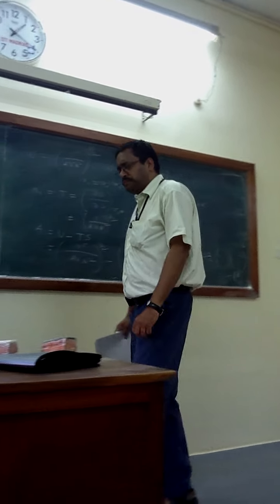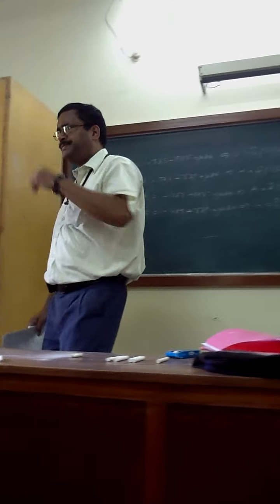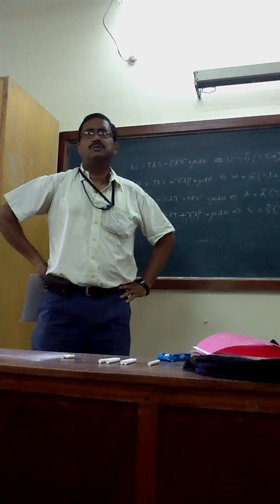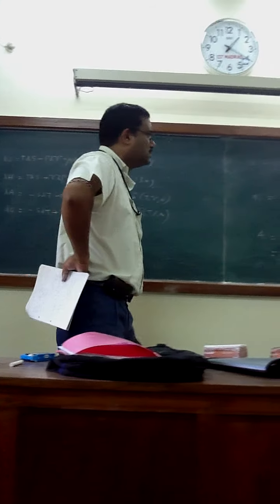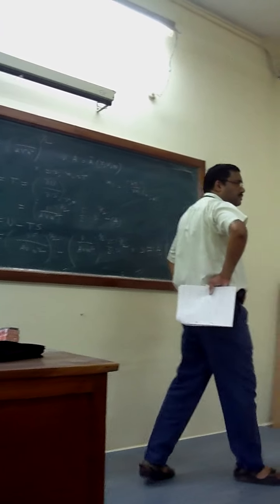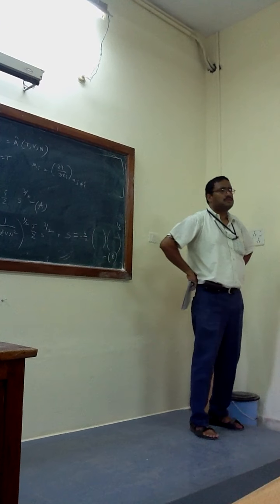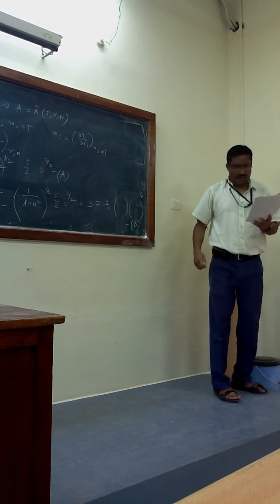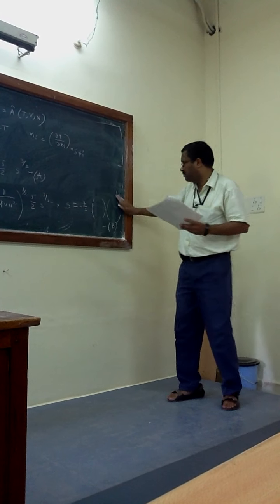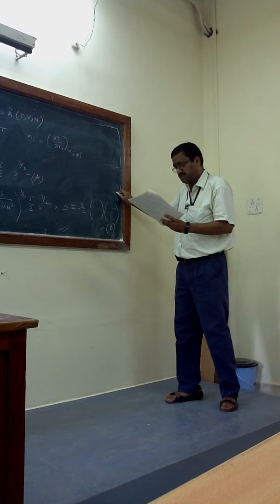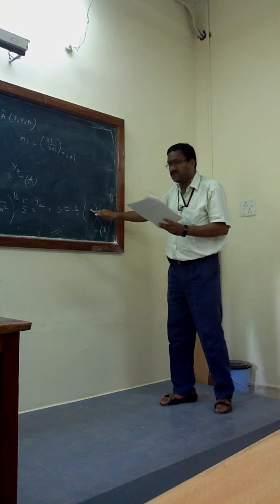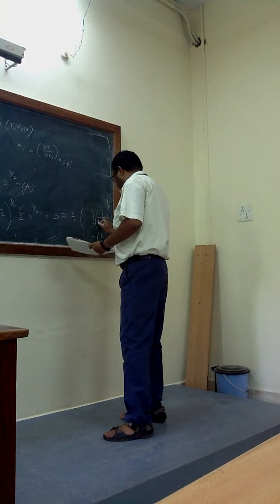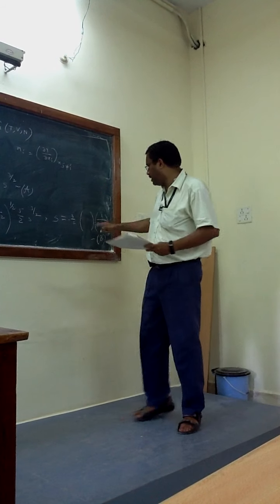Minus 3 by 2, first bracket. Then 1 by (A B N square) whole to the power half is already given here.